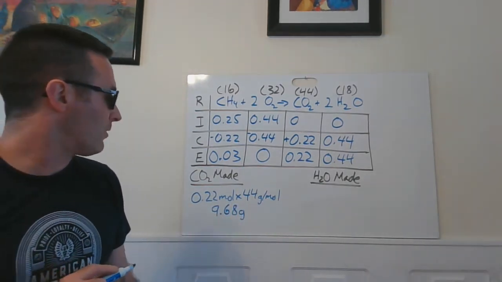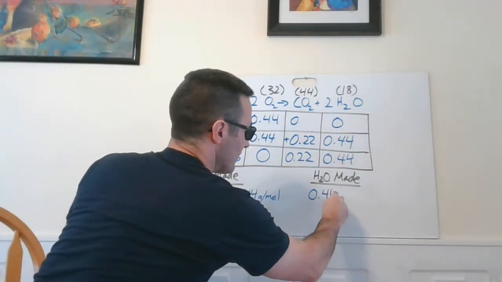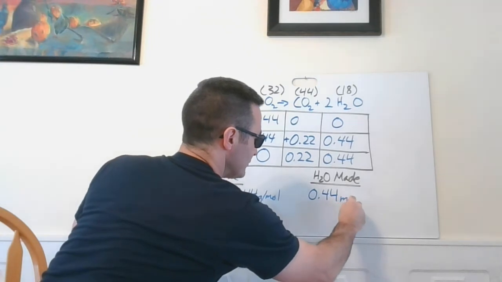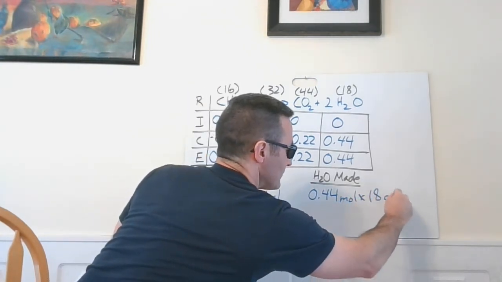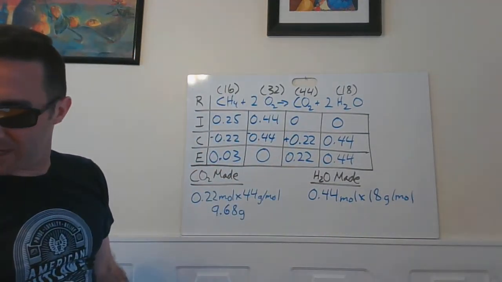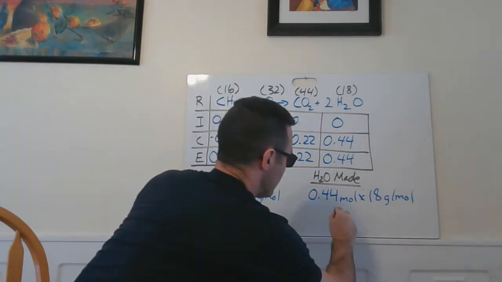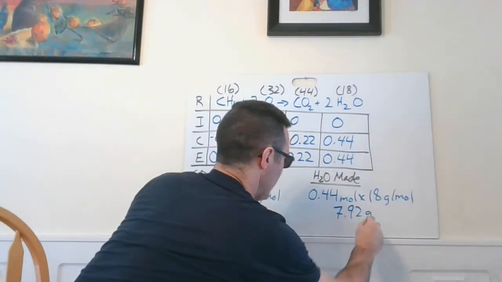What about water? I've got 0.44 moles, and it's 18 grams per mole. 0.44 times 18 is 7.92 grams.